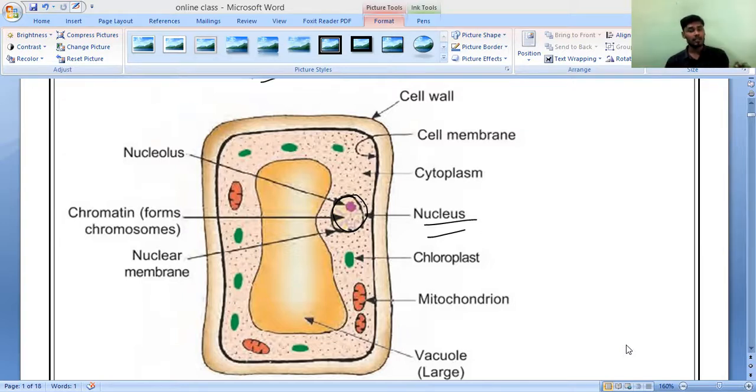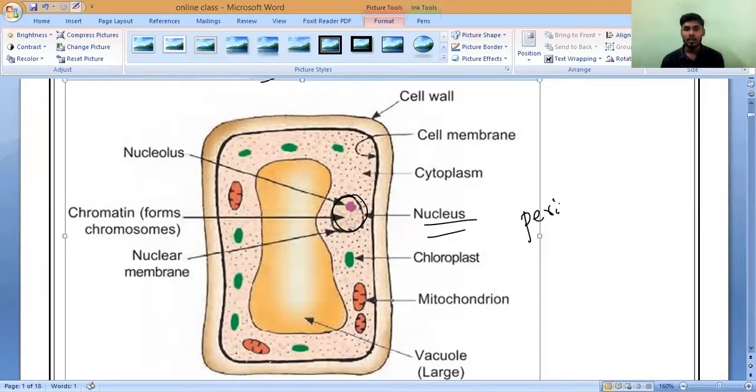All the activities of the cell are carried out by the nucleus only, so you have to remember that. In plant cells, the nucleus may be near the edge. Near the edge is what we call peripheral.